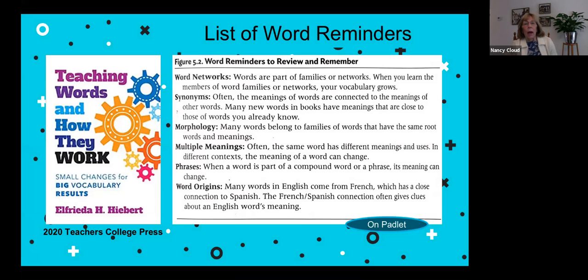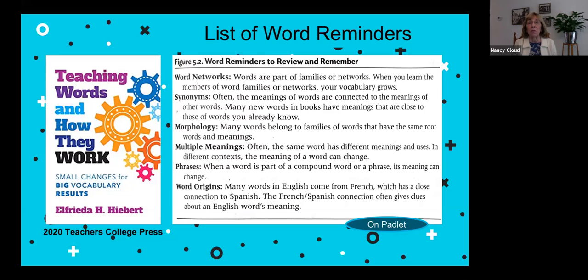And then I really want to refer you again to this list that was on the Padlet that we shared with you last time. And that is what Elfriede Hebert calls a list of word reminders. This is knowledge that we want the kids to have about words, and we want them to remind themselves of these things when they're in text.